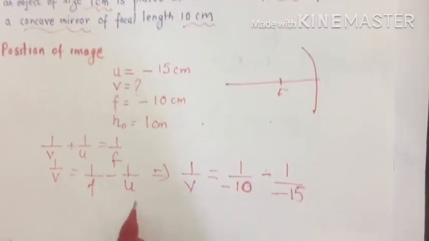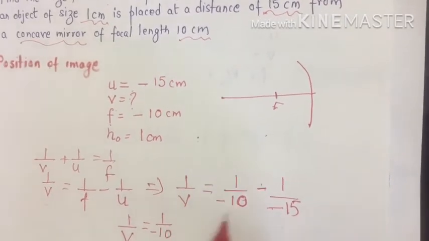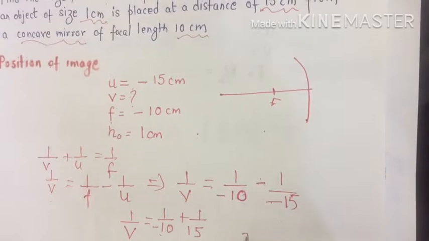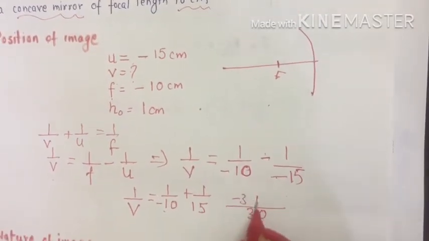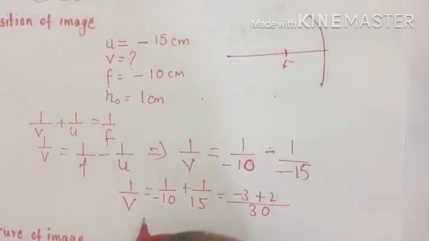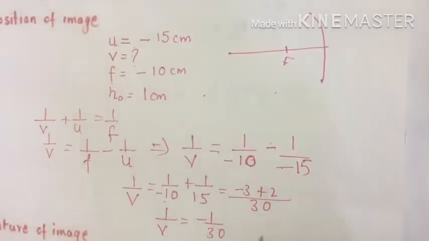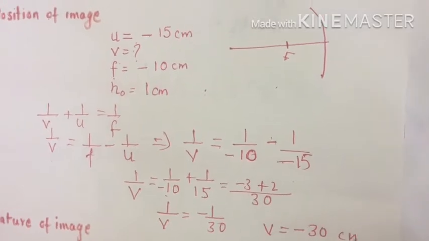So what you will have? 1 by v is equal to 1 by minus 10 plus 1 by 15, right? So LCM लेंगे, LCM will become 30 and this will become minus 3 plus 2, or 1 by v is equal to minus 1 by 30, or v is equal to minus 30 centimeter.